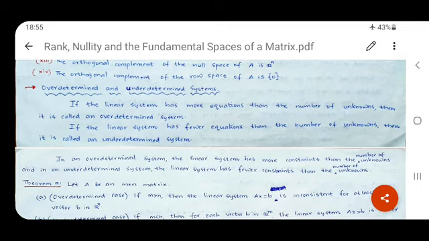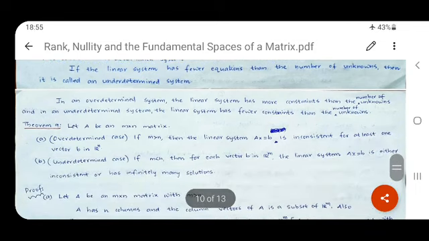In physical examples, we have certain constraints and a linear system of equations. So if the linear system has more constraints than the number of unknowns, it is overdetermined, and if it has fewer constraints than the number of unknowns, then it is underdetermined.